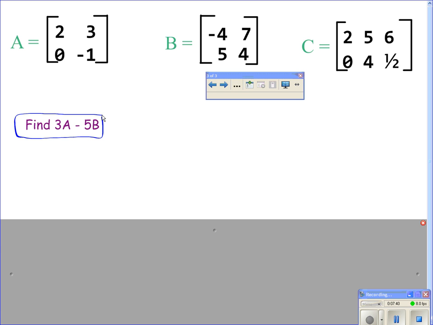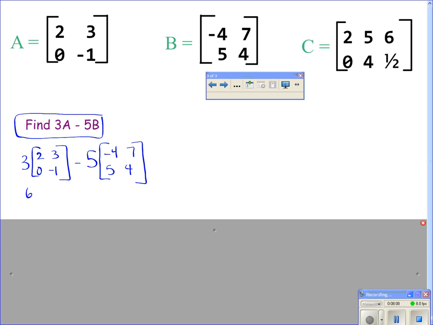So when you see that 3a minus 5b, that 3 is that scalar multiplication. So it really looks like this, 2, 3, 0, negative 1. And then we've got a 5, and we put matrix B here. So that's the setup of this problem. We'll actually distribute these with the scalar multiplication.